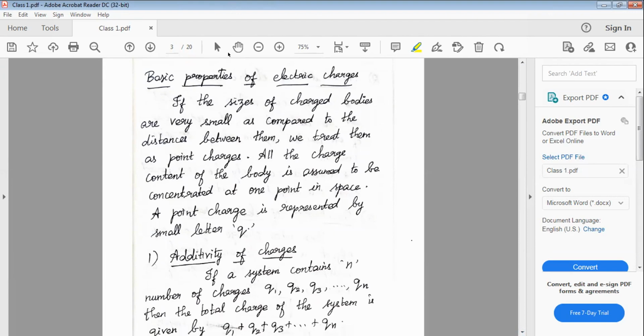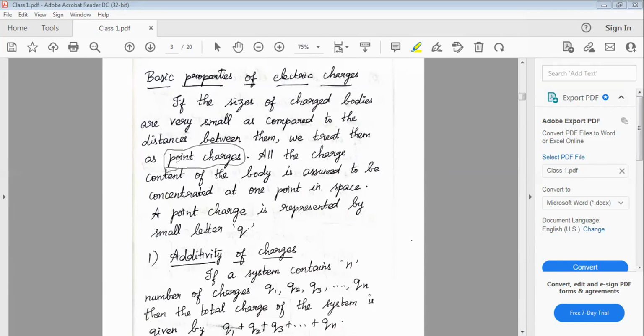When the sizes of the charged bodies are very small compared to the distance between them, that means the distance between the two bodies is very large, then we call the two charged bodies point charges.